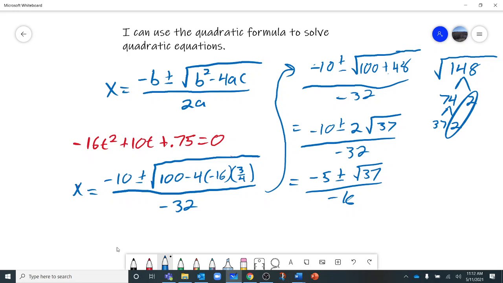Negative 5 plus the square root of 37 is 1.08276253, divided by negative 16 is negative 0.068. We'll just round it off right there.